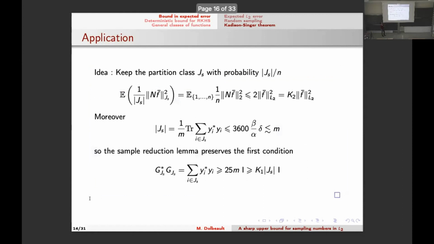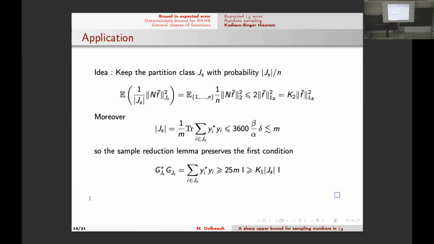Now, what if I apply it? I will keep one of these partition classes and say my subsample is just the elements from this partition class, so the xi with i in the J that I chose. And what will happen at the end is that this sum will be bounded by the identity.